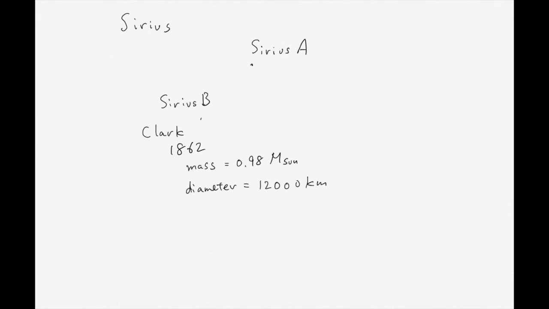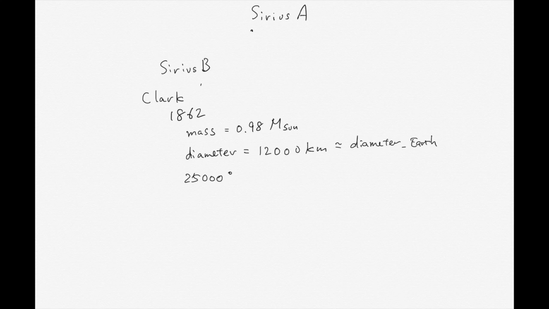This is very similar to the diameter of the Earth. And Sirius B has a really high temperature. The surface temperature of Sirius B is 25,000 degrees. The surface temperature of the Sun is 5,800 kelvins. So this is a much higher temperature.